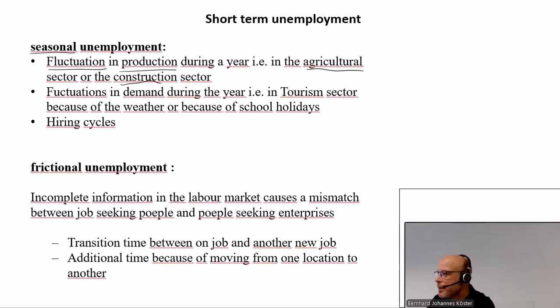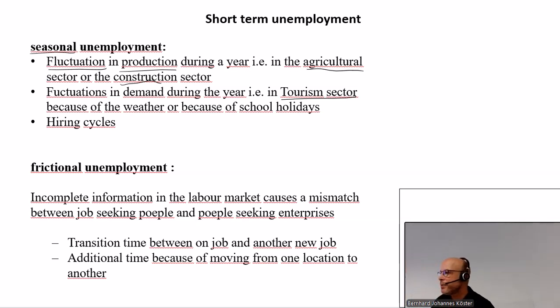So we should not be surprised if the unemployment rate is increasing. And also from the demand side, we have differences during the year, and here we can talk mainly about the tourism sector.